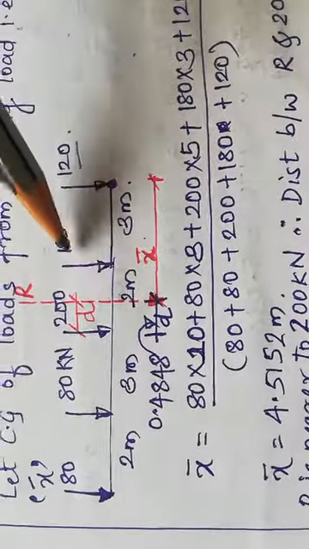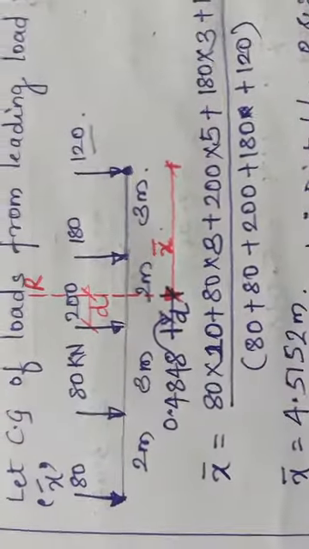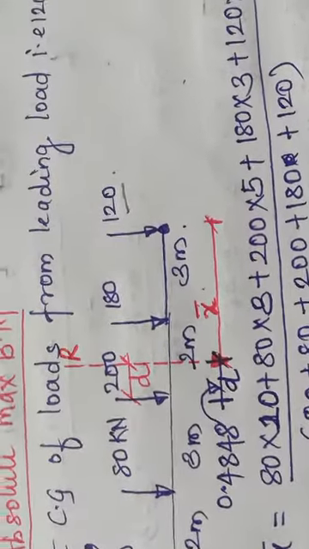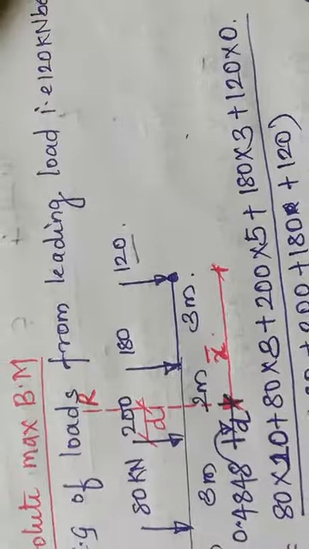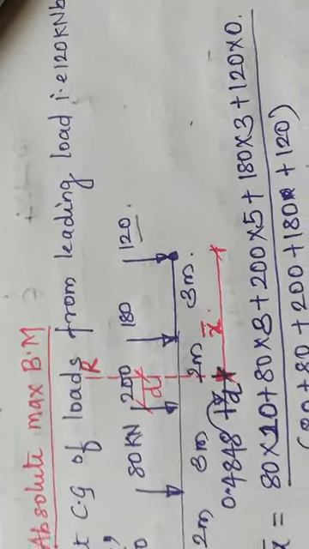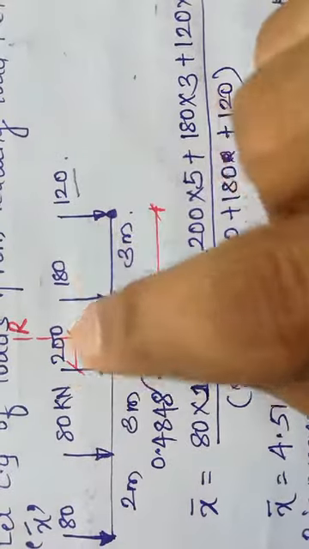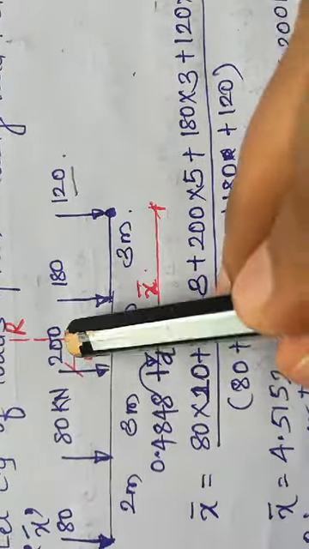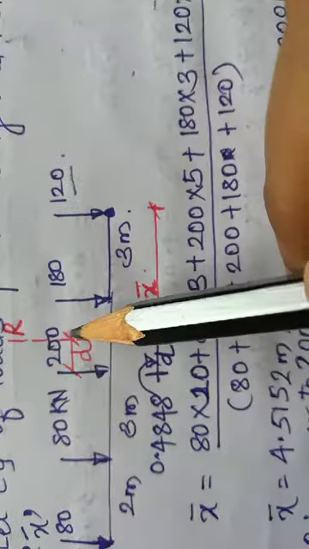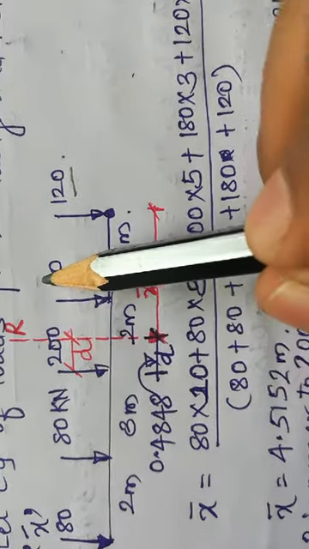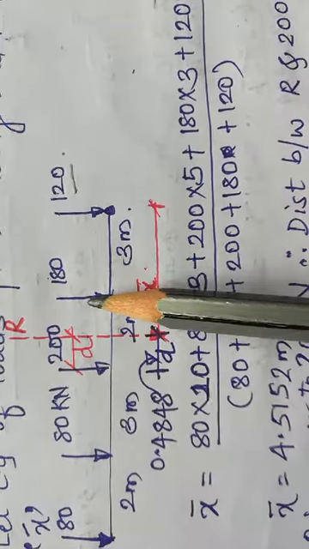Now it lies in between 200 and 180. In the previous problems also we took into consideration the heavier load. Now for 180 and 200, the heavier load in between these two is 200 kilonewton. But in the previous problem, this heavier load used to fall to the right of the resultant.